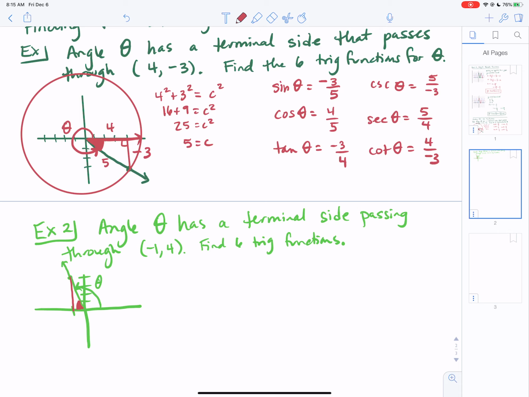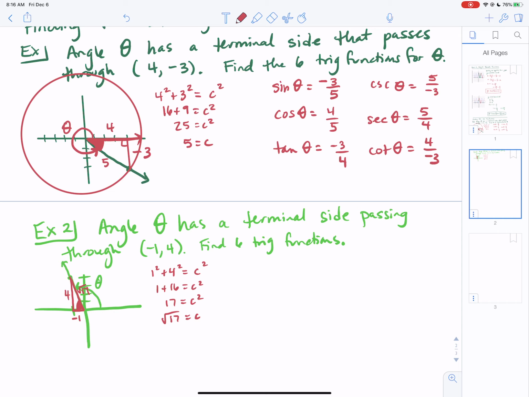We know that the values for the sides of this triangle are going to be 1 and 4. And you can put a little negative there because you're going left 1, up 4. To find the hypotenuse, we're going to do Pythagorean theorem. 1 squared plus 4 squared equals c squared. So that's 1 plus 16 equals c squared, so 17 equals c squared, so square root of 17 would be the hypotenuse.